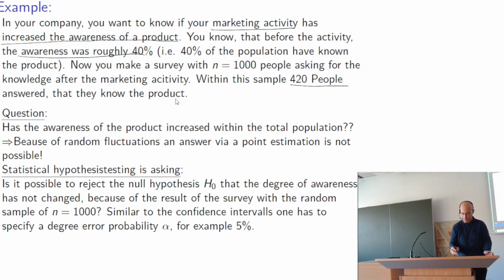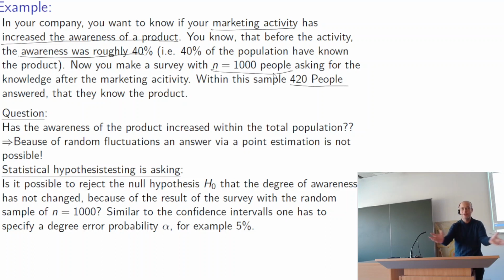But of course, we have chosen here randomly 1,000 people. And maybe only by chance I just got many people who know my product. If I take another 1,000 people, maybe I count only 385 people.